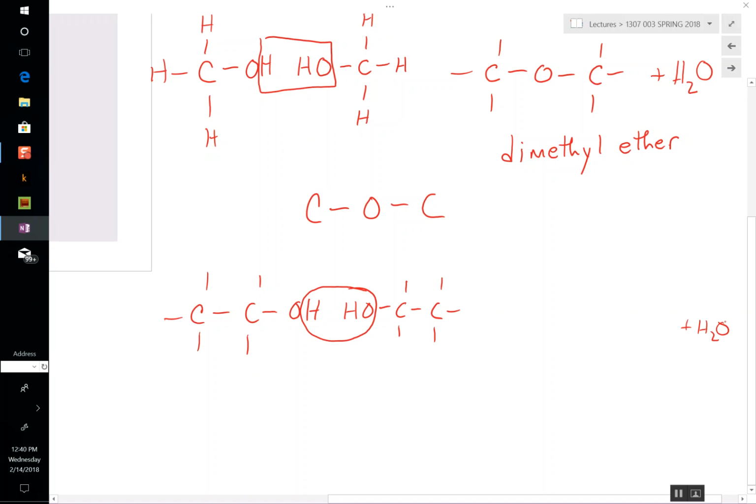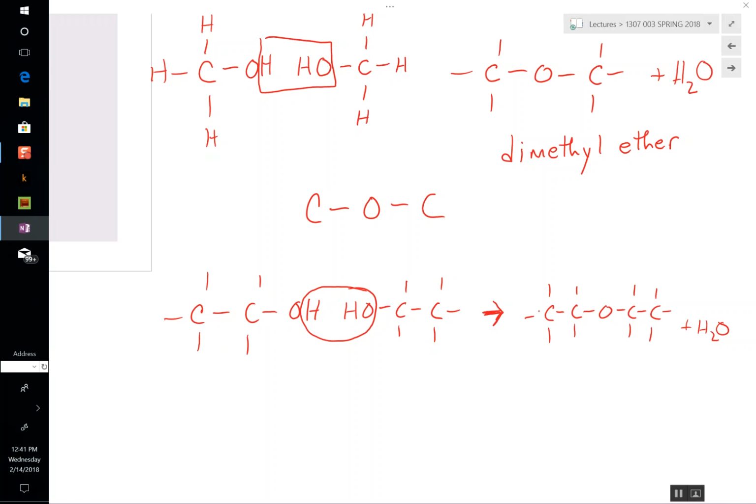We're eliminating a water molecule from between two alcohol molecules, and we're getting an ether. So we got another ether here, but there's your carbon, oxygen, carbon. There's your ether functionality holding this molecule together.